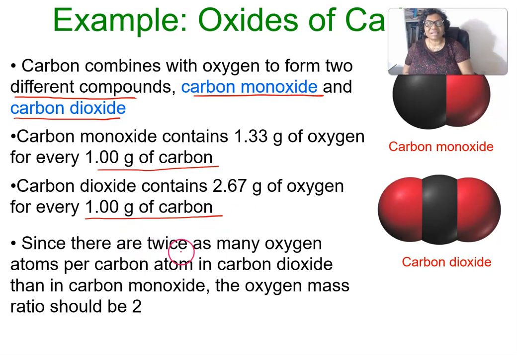Since there are twice as many oxygen atoms per carbon atom in carbon dioxide than in carbon monoxide, the oxygen mass ratio should be 2. So that is what the law of multiple proportion is about.